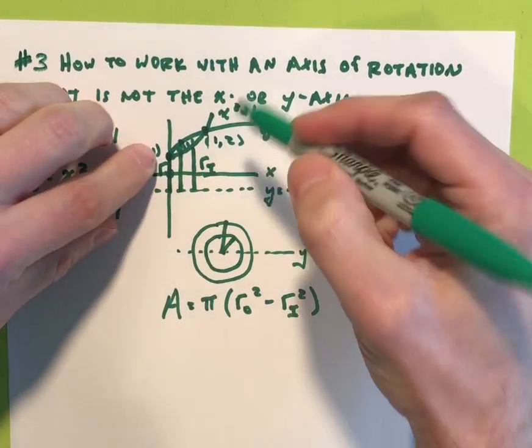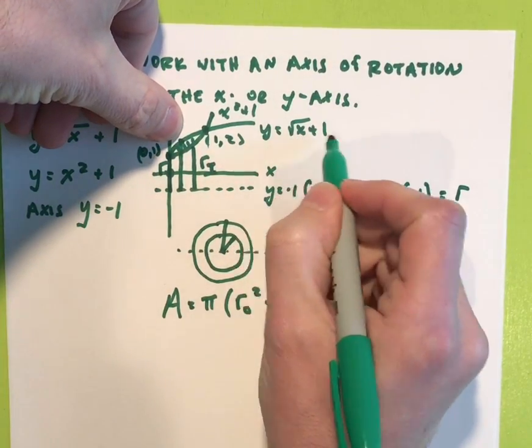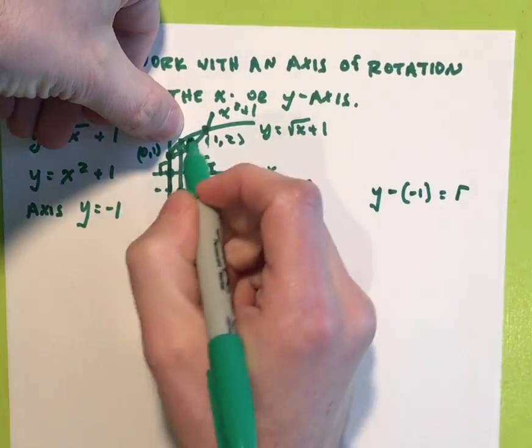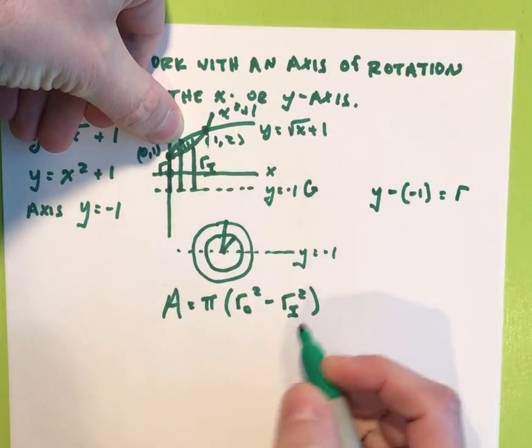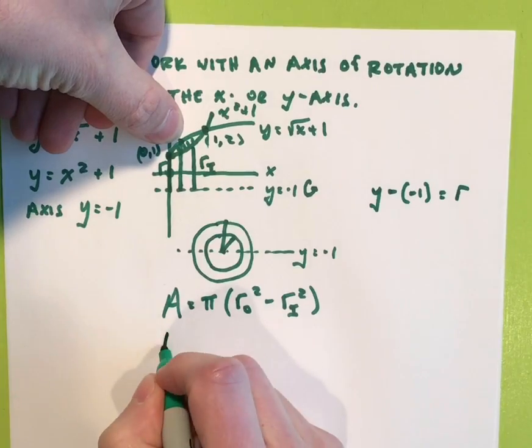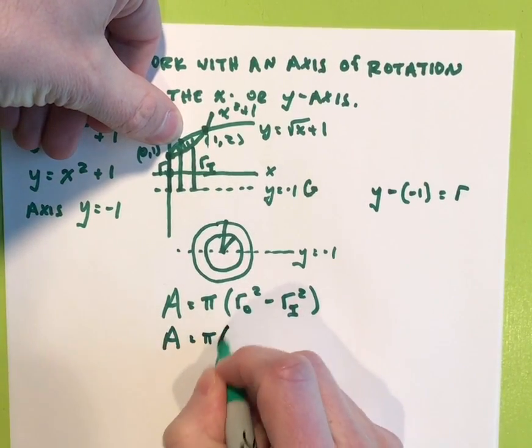In between there, any other given point, our height is given by x squared plus 1. That's the distance to the x-axis, but then we need an additional 1. Let me go for our outside radius. Still on the screen, we've got pi.